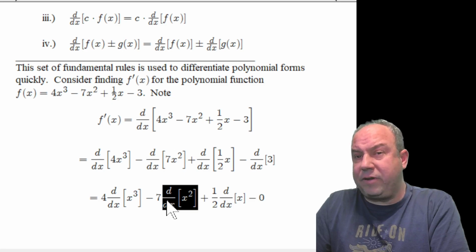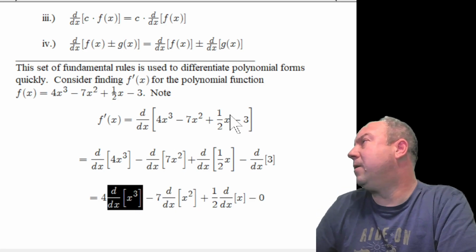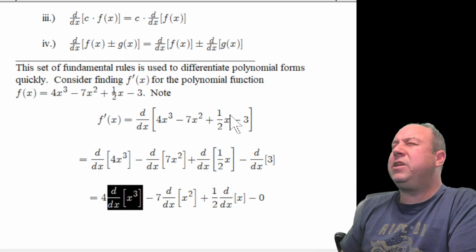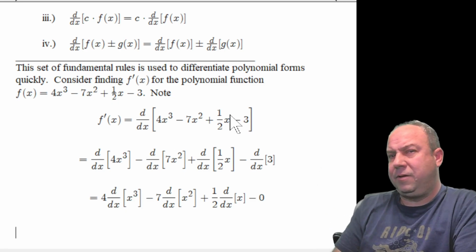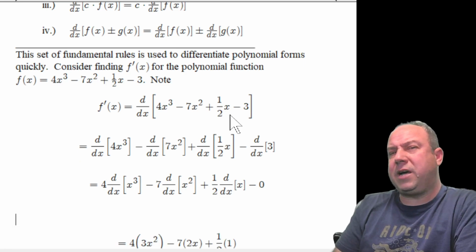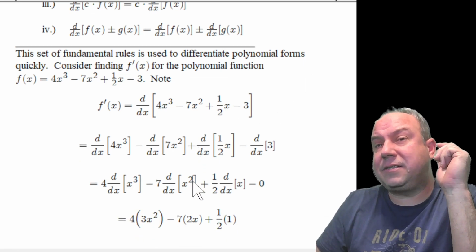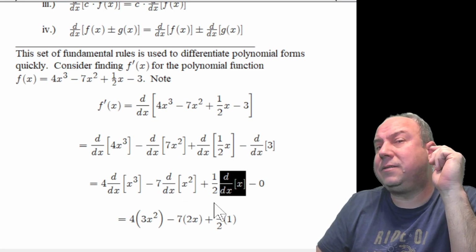As we said, the derivative of x squared is 2x. As for x cubed, the 3 moves to the front as a constant multiple, and you reduce the power by 1, so it becomes x squared. It's going to be 4 times 3x squared minus 7 times 2x plus 1/2 times 1.